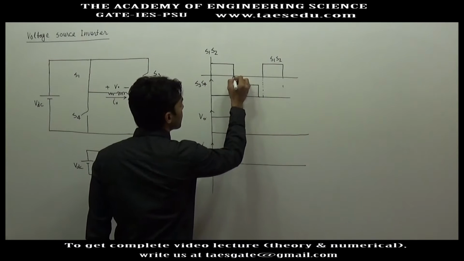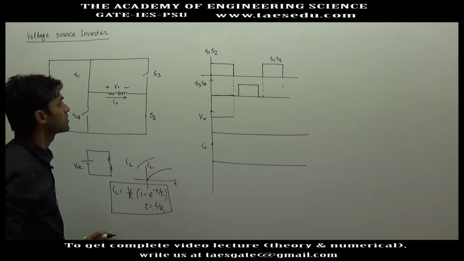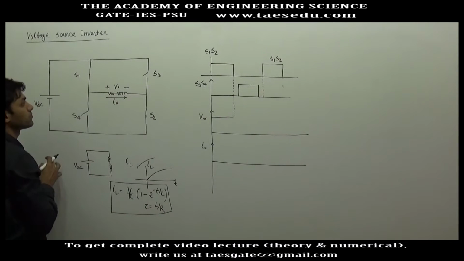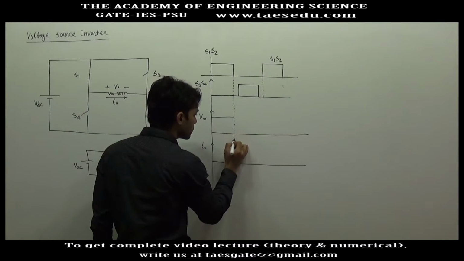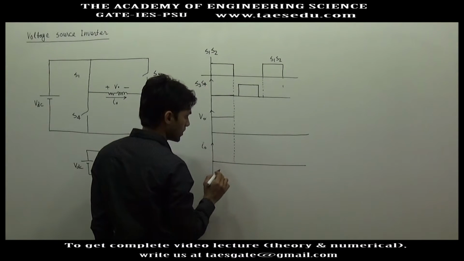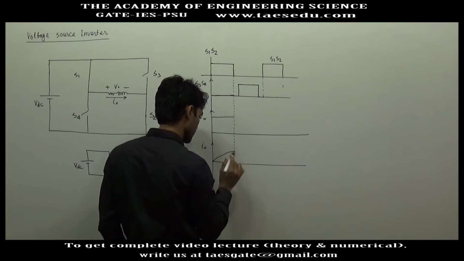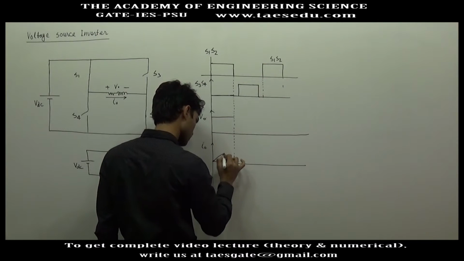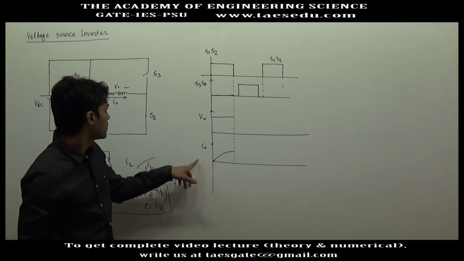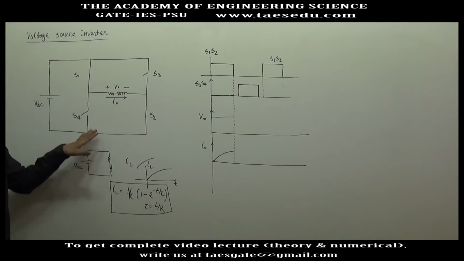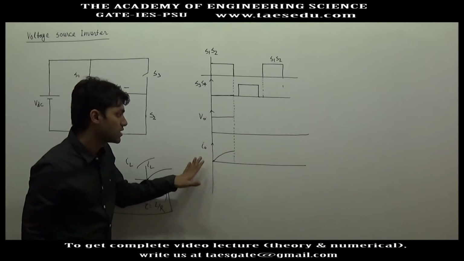And let's say at this point S1 and S2 were disconnected. Up to this point, the inductor would have gained a significant amount of current. Although in steady state this current will not start from 0, since we have started analyzing this circuit from rest, I have taken the initial value of inductor current as 0.